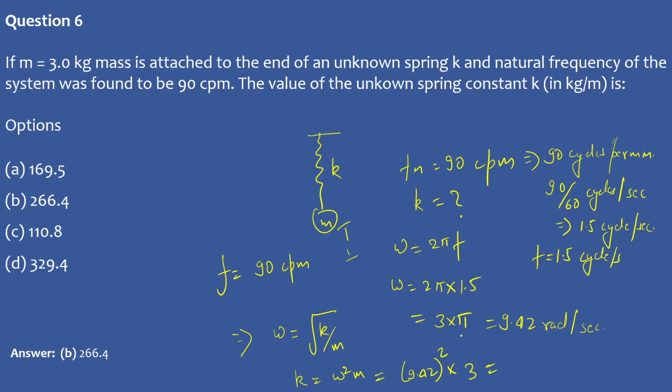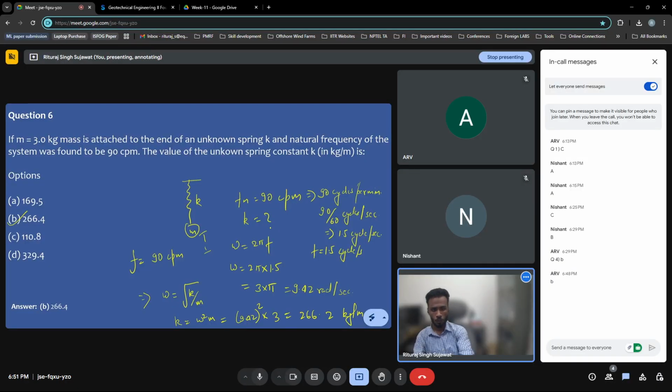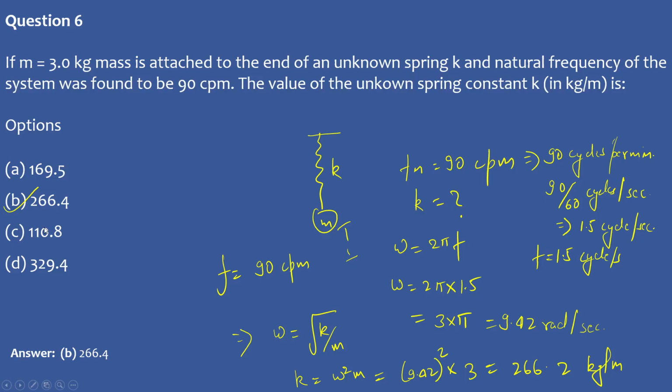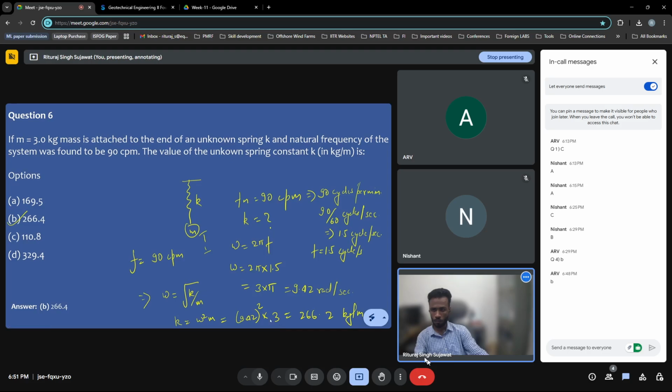So 9.42 square into 3 is basically 266.2 kg per meter. So the correct answer is option B, 266.4 kg per meter. Yeah, the answer is option B.